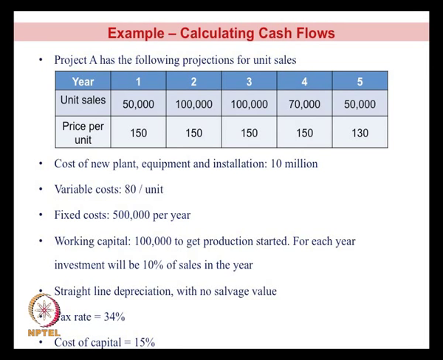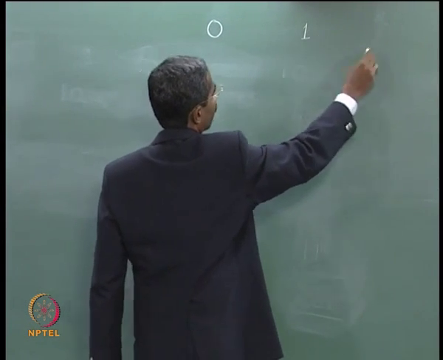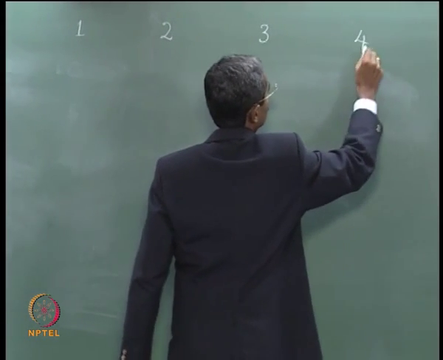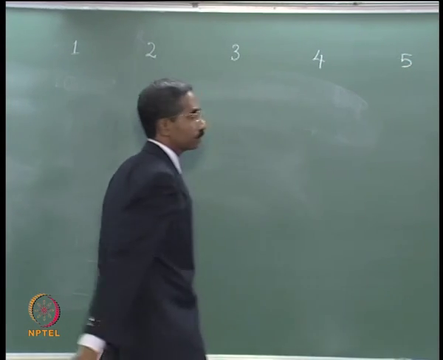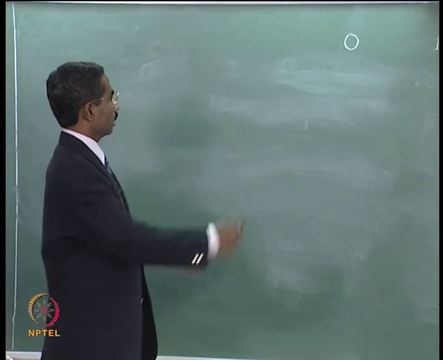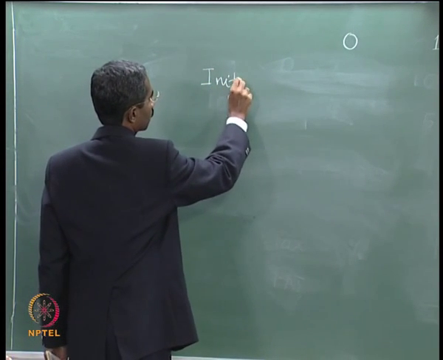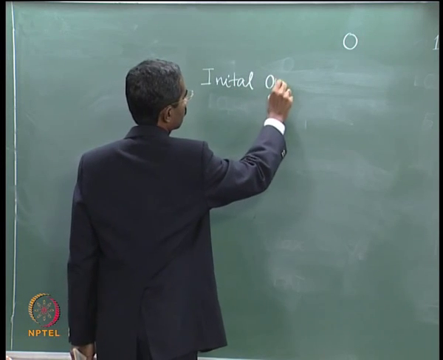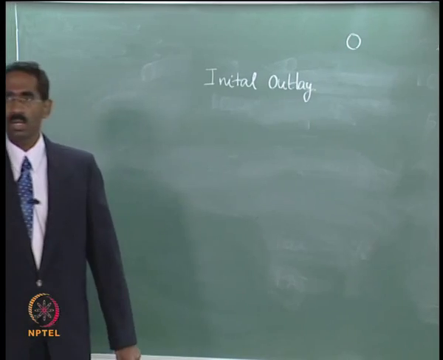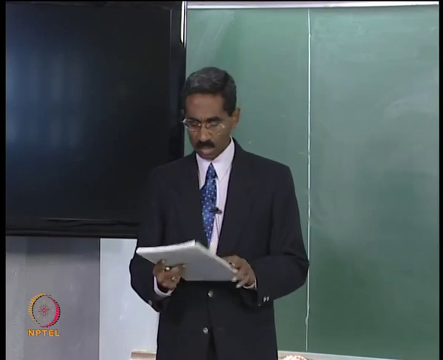First we will start putting the different years, and we will start with the different cash flow streams. We will start with the initial outlay, the initial investment needed at the beginning of the project.